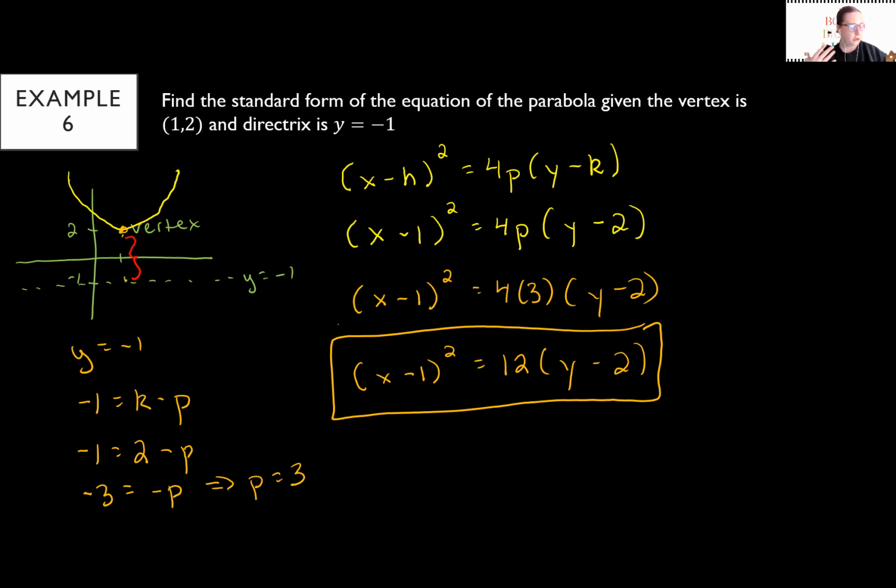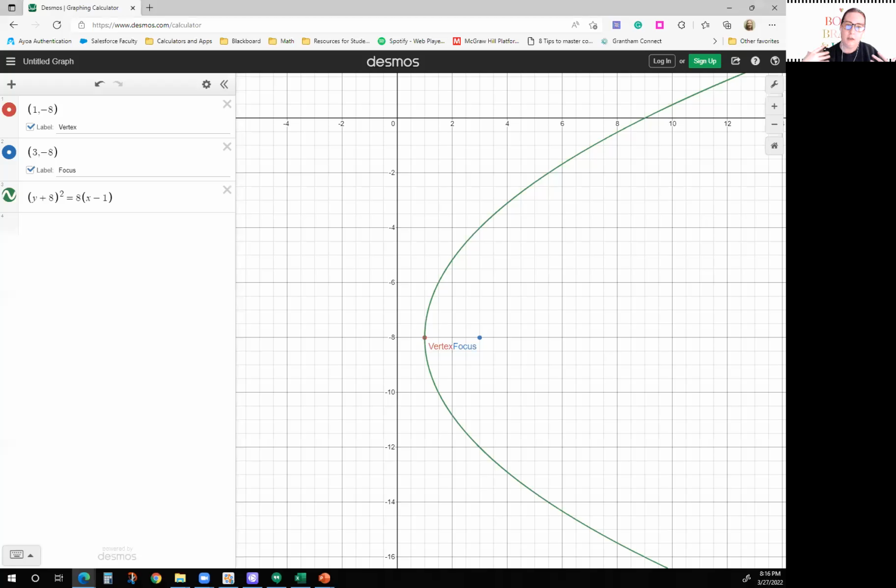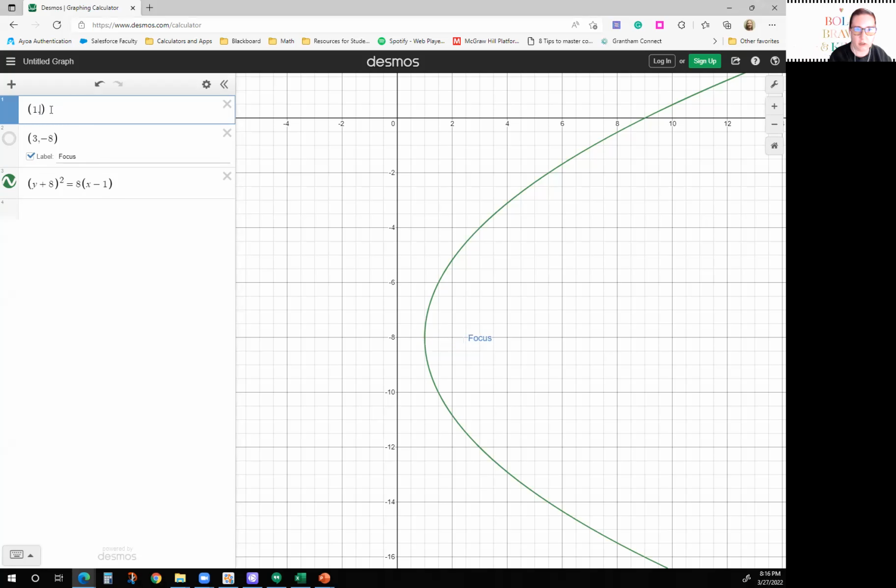So when you're checking your work and you're not given a focus and you're given a directrix, you can still do that in Desmos. So our vertex here is (1, 2).